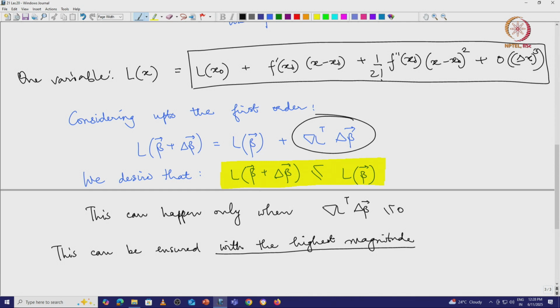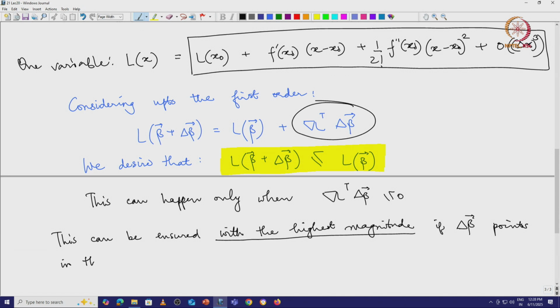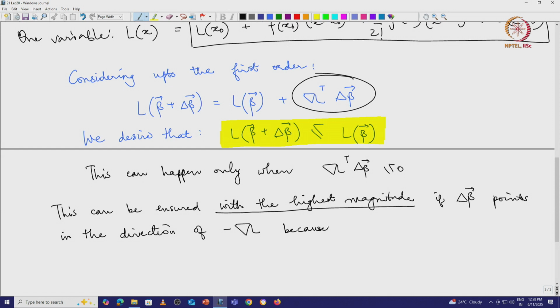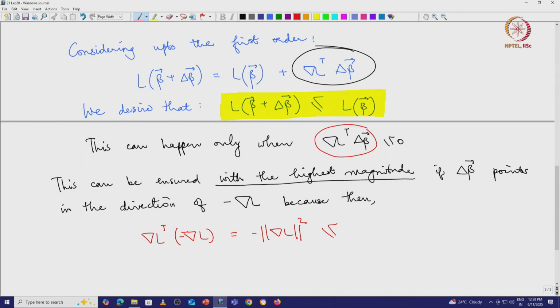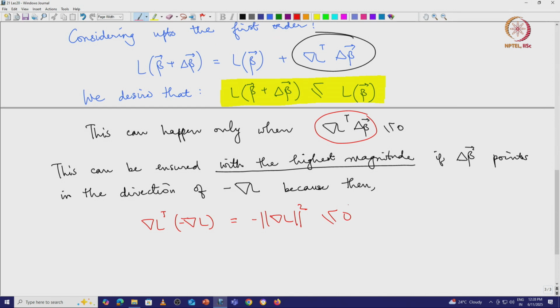This can be ensured with the highest magnitude if your delta beta vector points in the direction of the minus of the gradient of L, right, because then the term delta L transpose delta beta would be equal to delta L transpose times minus gradient of L, and this would be minus the gradient of L norm squared, which is certainly a quantity that is less than or equal to 0 and of the highest possible magnitude.